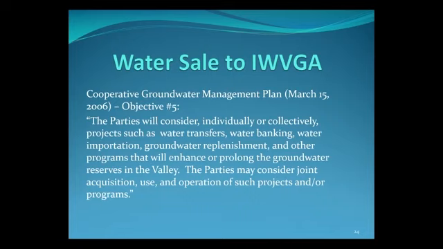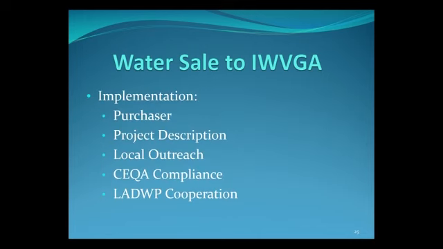All of you signed this groundwater management plan, and objective number 5 in that plan states that the parties will consider, individually or collectively, projects such as water transfers, water banking, water importation, groundwater replenishment, and other programs that will enhance or prolong the groundwater reserves in the valley, and that the parties may consider joint acquisition, use, and operation of such projects and/or programs, and that's what we're proposing.